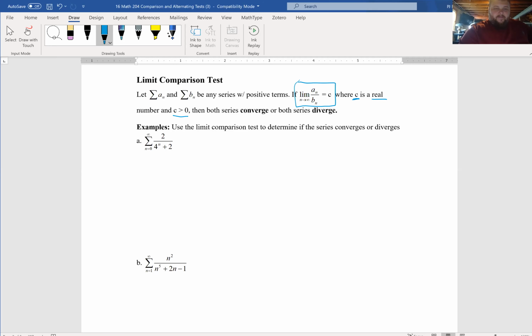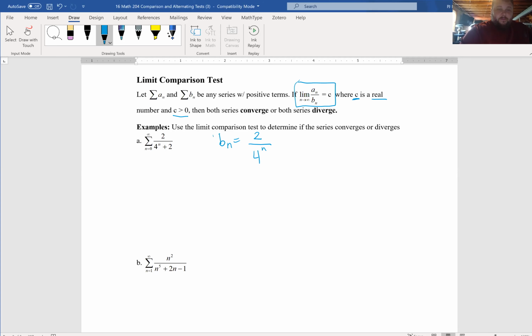So first of all, we need to come up with the B sub n term. So take the dominant parts. Obviously, it's 2 on top, and on the bottom, it's going to be 4 to the n. That is a geometric series, right?